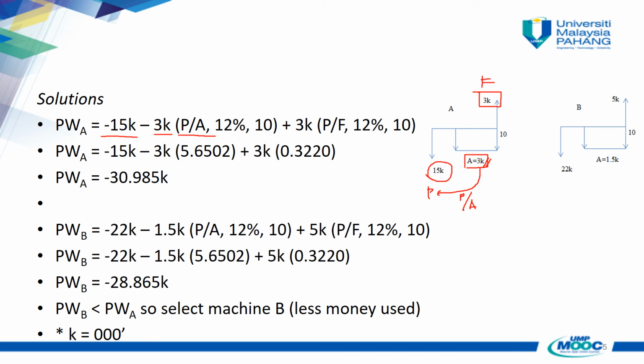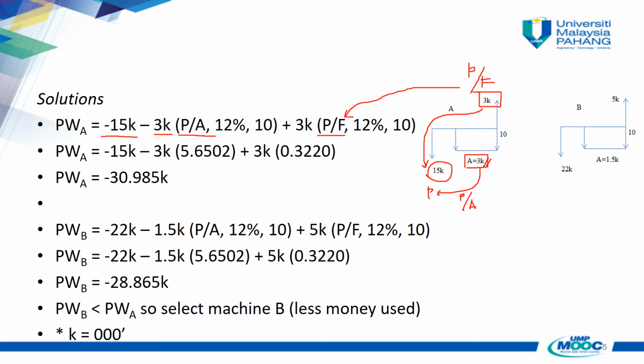So if we want to convert it to become our present value at year 0, we need to find P when we know the F. Once we got this equation: negative 15,000 minus 3,000 times finding P when you knew the A, and then plus 3,000 multiplied by finding P when you knew the F.